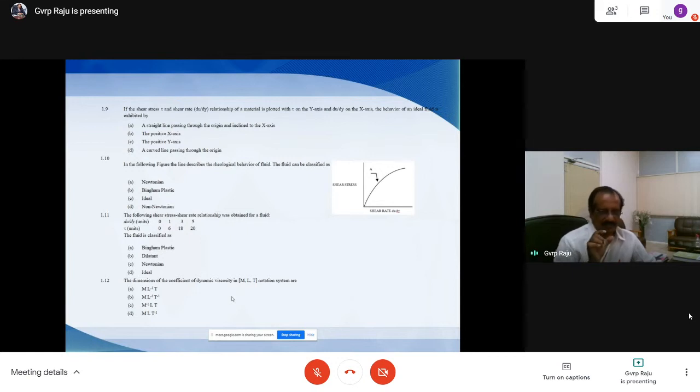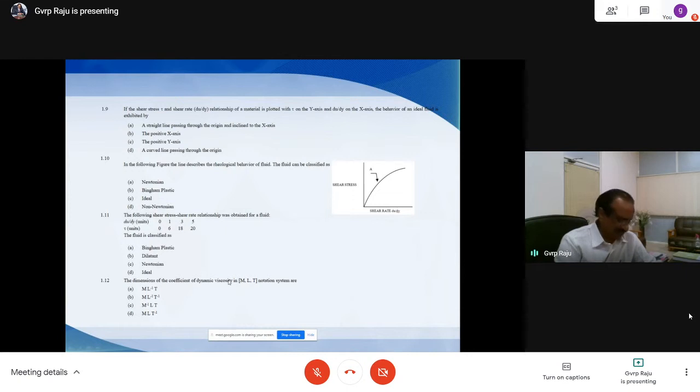We are taking the same kg force, but converting it into mass for the sake of conversion to the MLT system. The unit is kg force seconds by meter square. In place of kg force, we'll be using mass into acceleration.